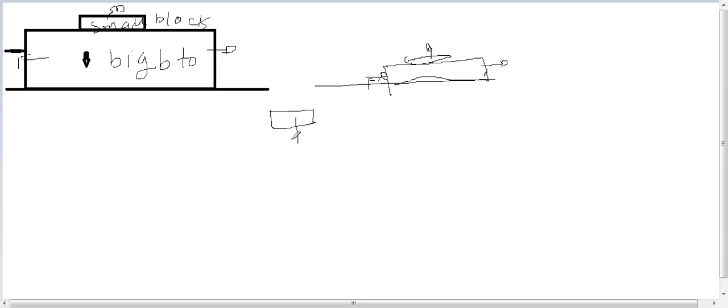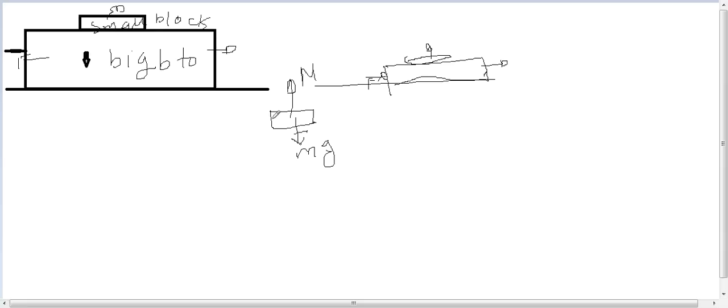Here is mg, and this is N. Initially it is at rest, and certainly if I apply force here, then this block starts moving.